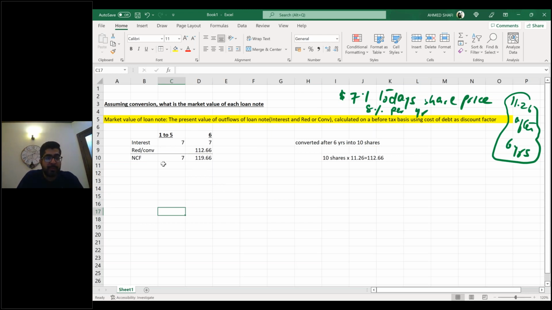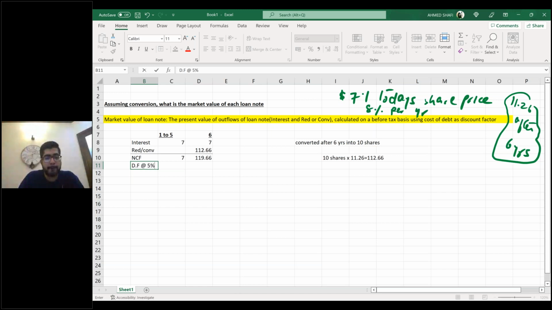Now to convert it into present value of outflows, net cash flows need to be multiplied by the discount factor, which should be KD. What is the cost of debt in the question?